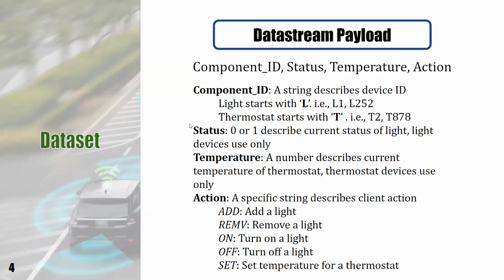Next is status. Status only includes 0 or 1, describing the current status of my light, and this digit is used only for lights. Temperature is a number written in decimal, describing the current temperature of the thermostat, and here we use degrees Fahrenheit. This digit is only used for thermostat devices.